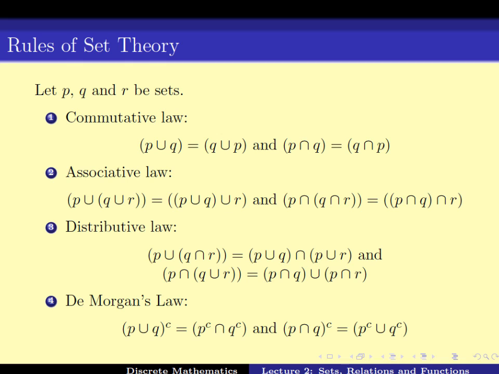In the two video lectures that I will spend on solving problems, I will prove that these laws are actually true. But before that, I encourage you to try to prove it for yourself, that these laws are indeed correct. They should follow from the definition of union, intersection and complement.